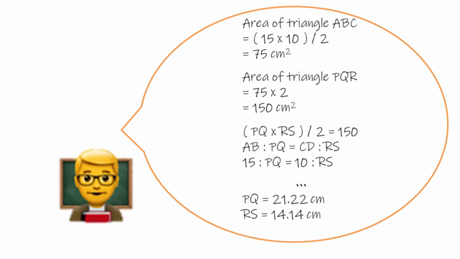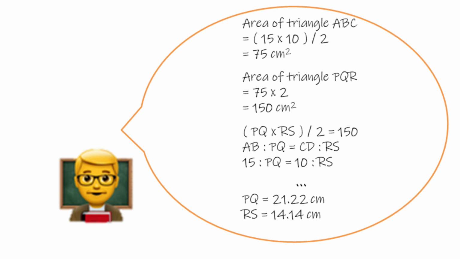The area of triangle ABC equals half of 15 multiplied by 10, which equals 75. The area of triangle PQR is double the area of triangle ABC and is hereby 150. PQ multiplied by the height RS over 2 equals 150.